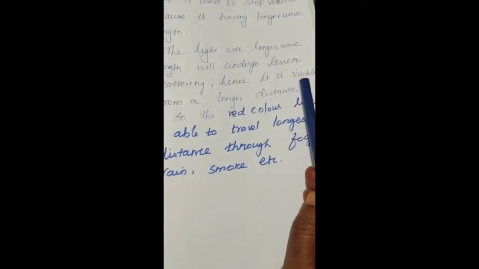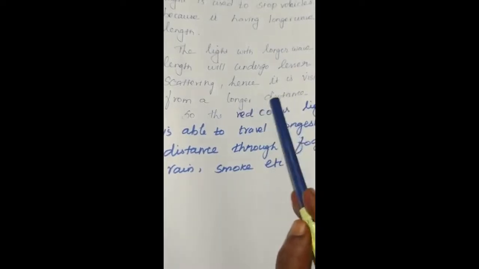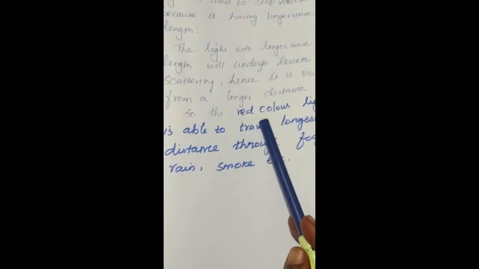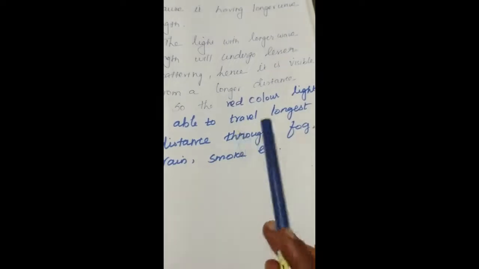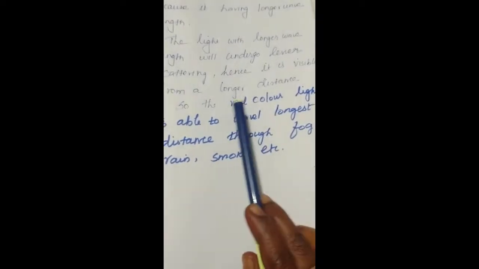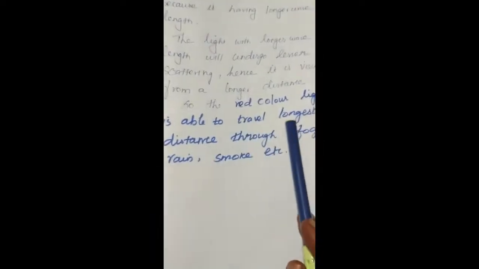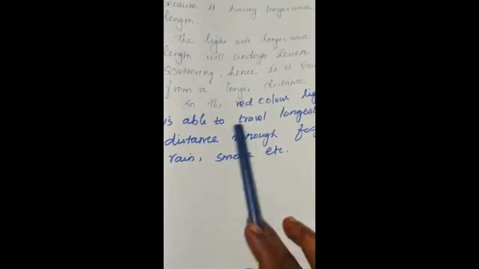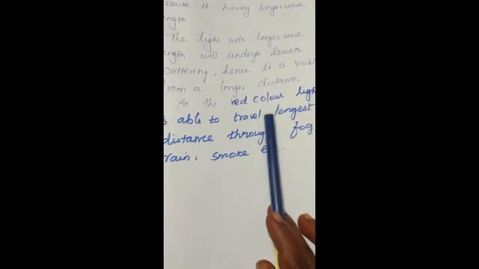The red color light easily passes through fog, smoke, rain, etc. So the red color light is able to travel the longest distance. Longest wavelength is there, so it can travel a long distance and less scattering power is there.